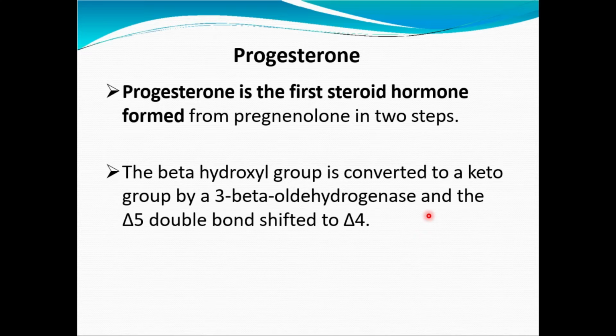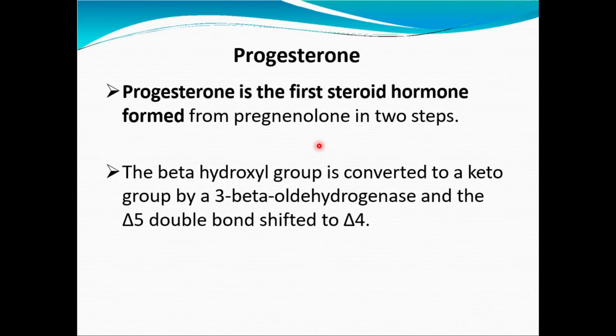It appears that the rate limiting step for the synthesis of progesterone is side chain cleavage of cholesterol by the P450 enzyme. Pregnenolone is then converted into progesterone by 3 beta hydroxysteroid dehydrogenase.